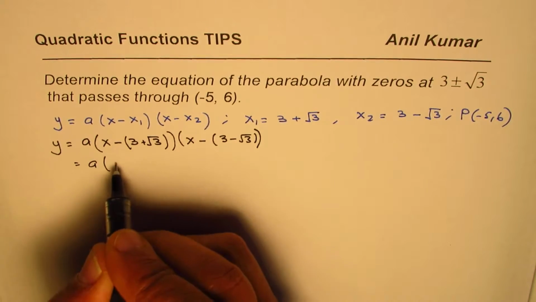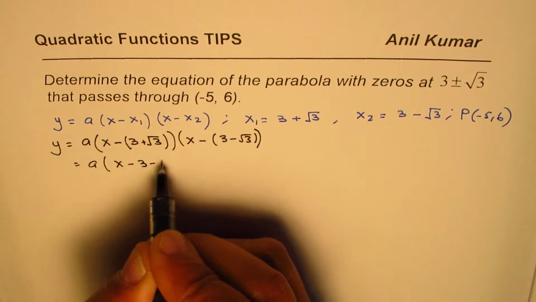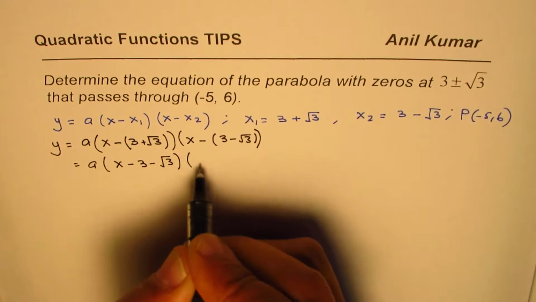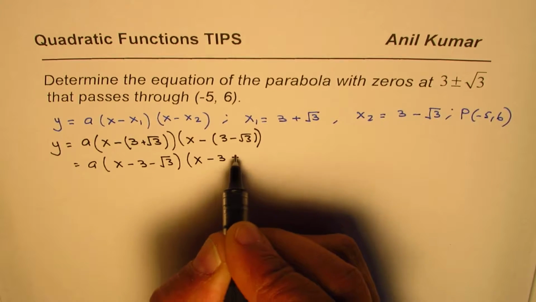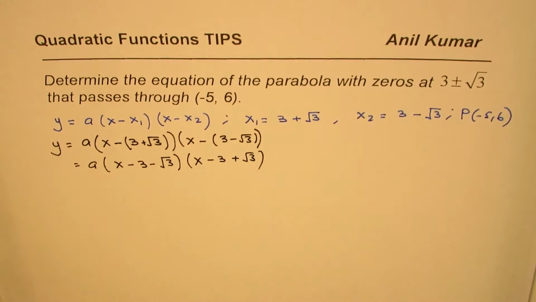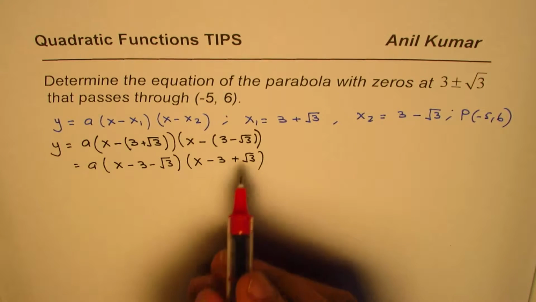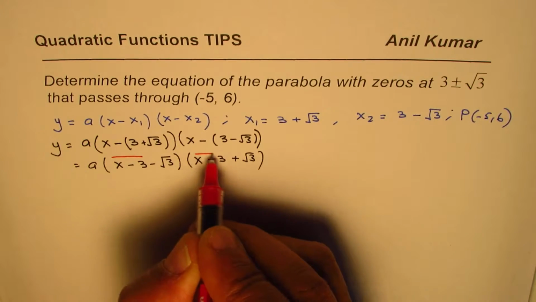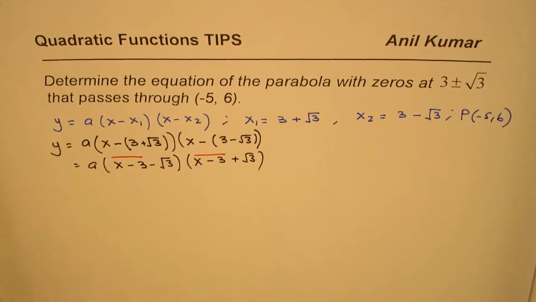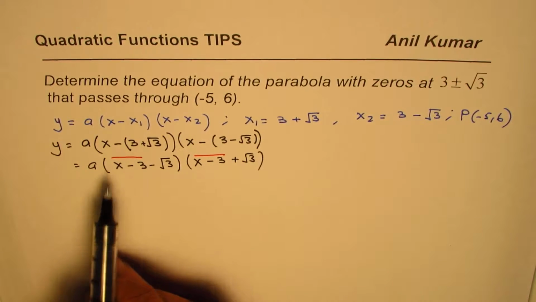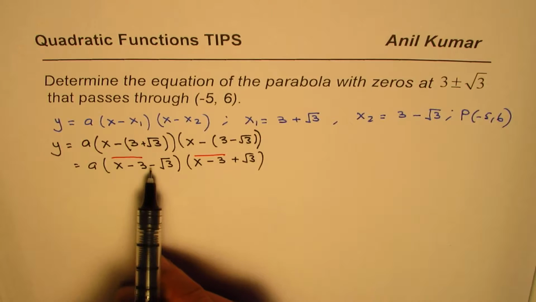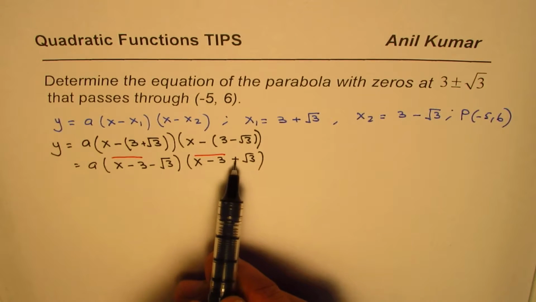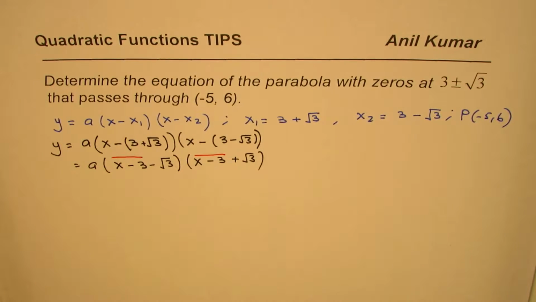So we have a times (x minus 3 minus square root 3)(x minus 3 plus square root 3), correct? Whenever you get radicals, we need to see how we can simplify it. So if I treat x minus 3 as one term, then we have a times this term minus square root 3, this term plus square root 3. Does that remind you of something? It's like difference of squares, correct?